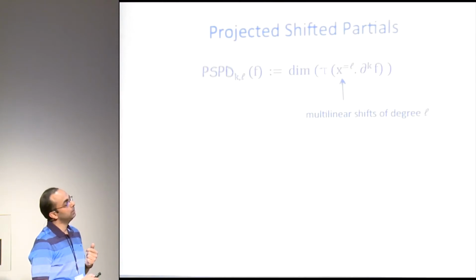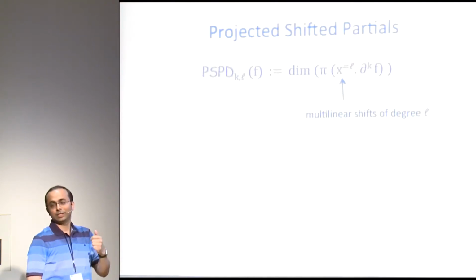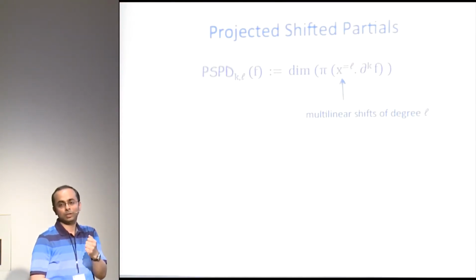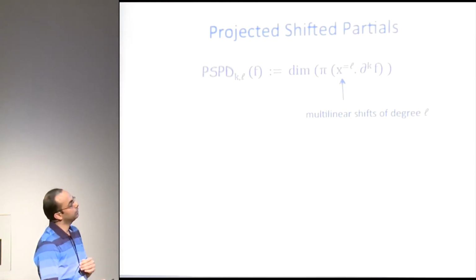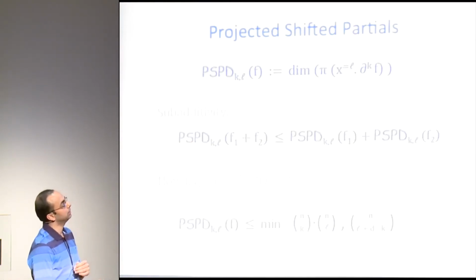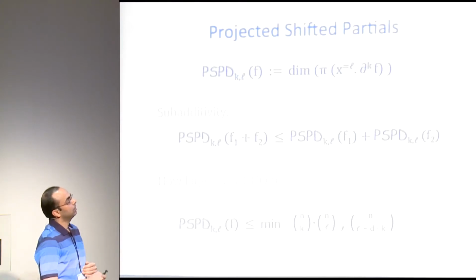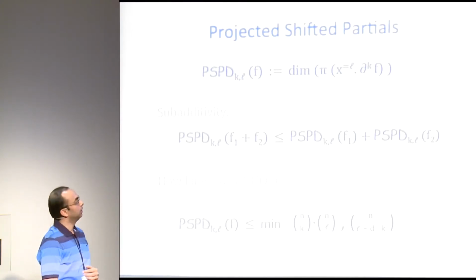Because I'm using a multilinear projection, it does not make sense to shift by a monomial which is not multilinear. If I multiply by a monomial which is not multilinear, then pi will kill the whole thing off, because pi retains only multilinear monomials. So that's why I will shift only by multilinear monomials of degree t. It turns out that this is again subadditive, quite nice.